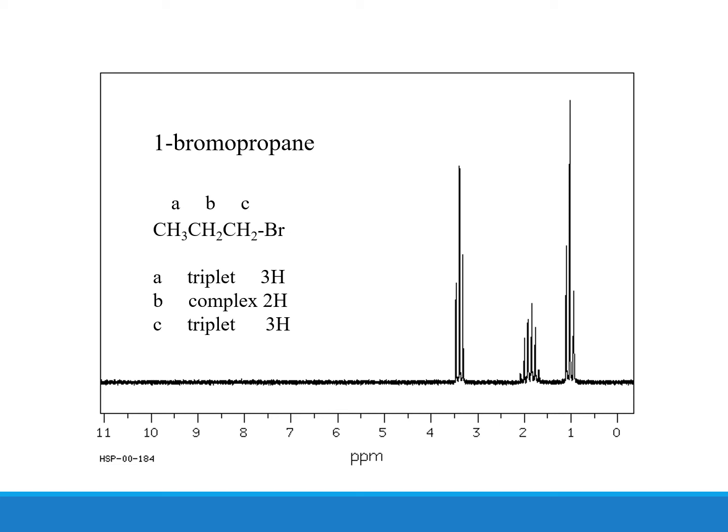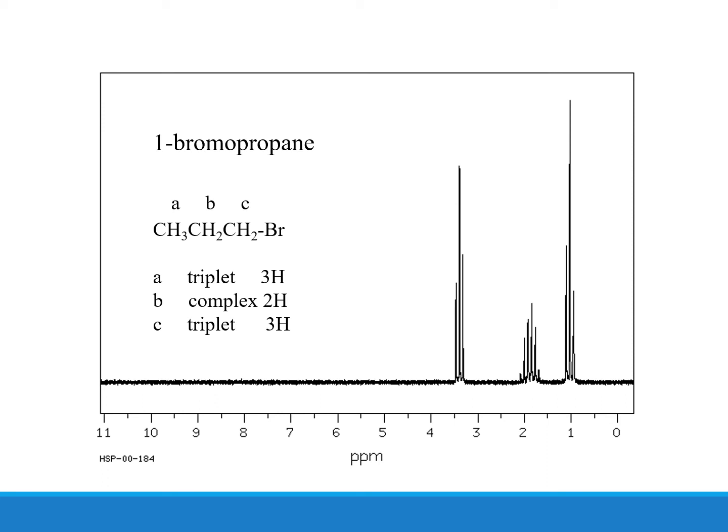In 1-bromopropane, you have 3 environments, and the first carbon atom near the bromine is the one which will have high deshielding, and it will appear to the left compared to all of the other carbon atoms.